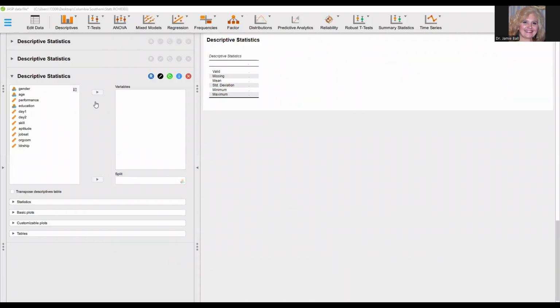Okay, so what we want to do to run our test, we are running to see if our entire variable, so not by group, but the whole variable itself, is normally distributed. Today we're testing aptitude and leadership. So I'm going to move them over to this variable side.